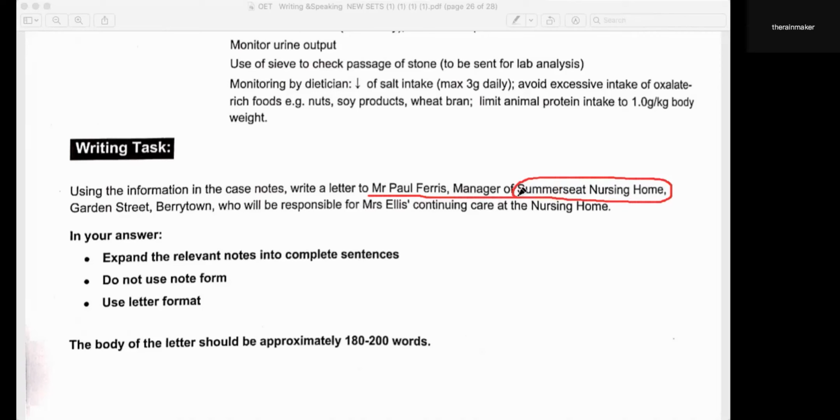Remember, sometimes at the bottom of the letter it says, using the information in the case note, write a letter. Very rare that they tell you write a referral letter, write a discharge letter. Sometimes the OET doesn't clarify what kind of letter you have to write. So it is your judgment to know if this letter is a discharge or a referral letter. So two options you have for this.